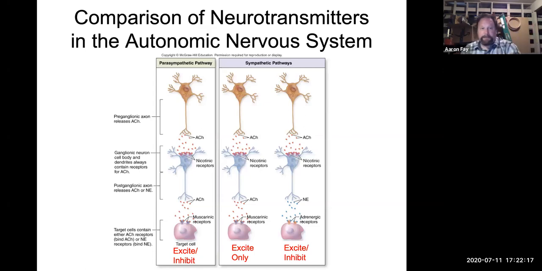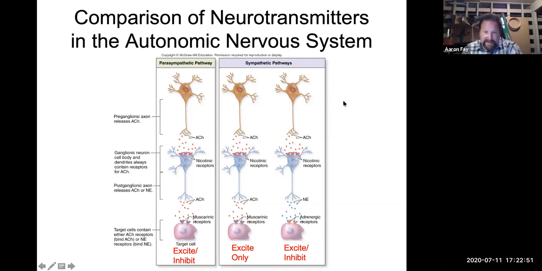Check this out. So these two together are our autonomic nervous system. Notice we have two neuronal pathways. First of all, all preganglionic axons release acetylcholine. That acetylcholine will always stimulate our postganglionic neuron.